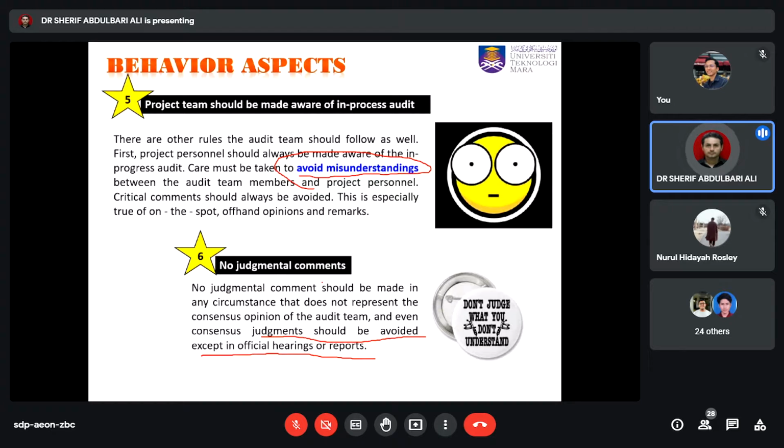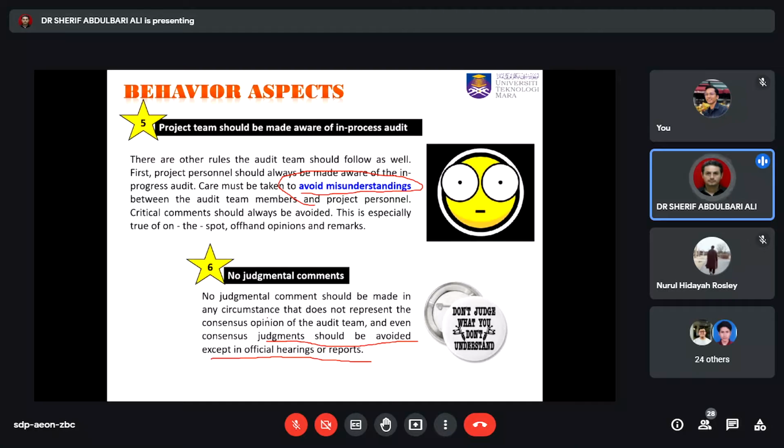So no judgment or comment should be made in any circumstances that does not represent the consensus opinion of the audit team. So that means you are not blaming anybody. You are not naming names. You are not going after personnel.